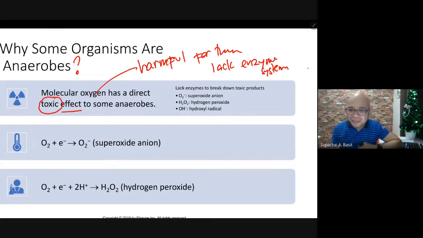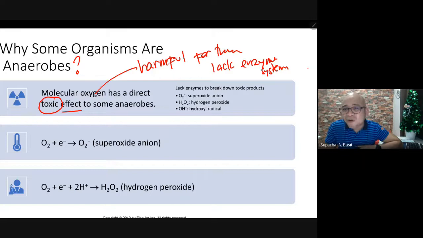So the question is, what are the toxic forms of oxygen? Let me remind you that oxygen would be toxic for them, but not toxic for aerobic bacteria. Definitely not toxic for humans. We need oxygen.